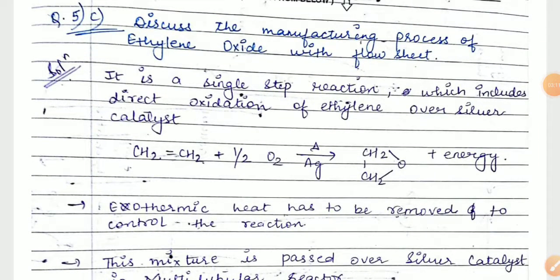Discuss the manufacturing process of ethylene oxide with a flow diagram. It is a single step reaction which includes direct oxidation of ethylene over a silver catalyst. CH2=CH2 plus 1/2 O2 gives, with silver added, CH2-O-CH2 ethylene oxide, and energy is released.